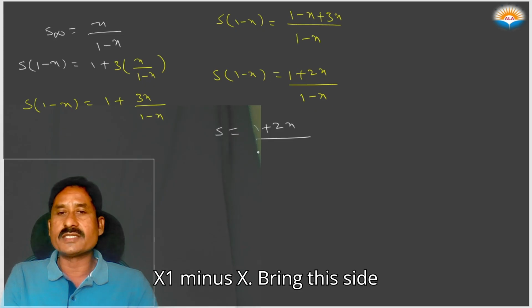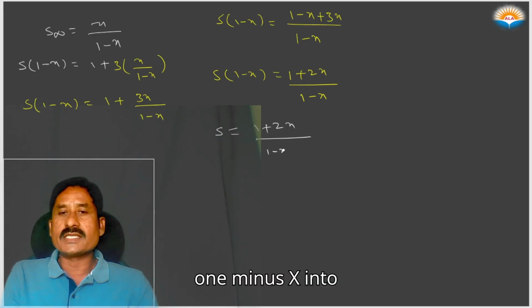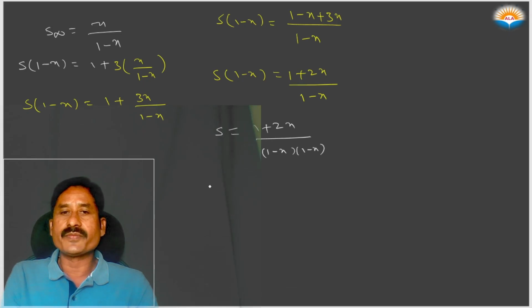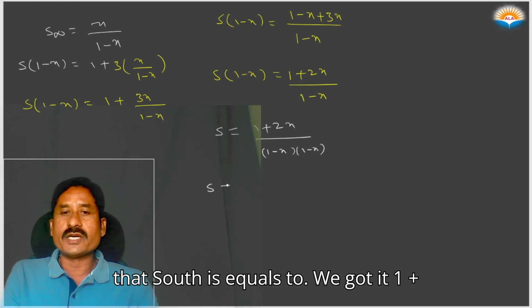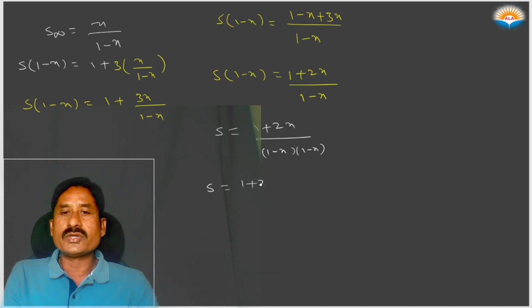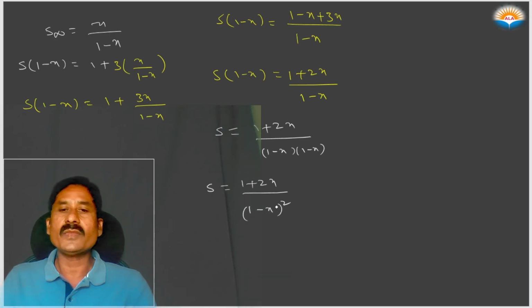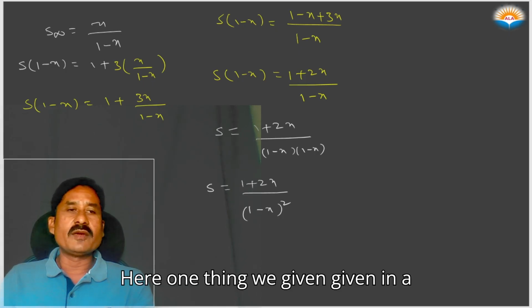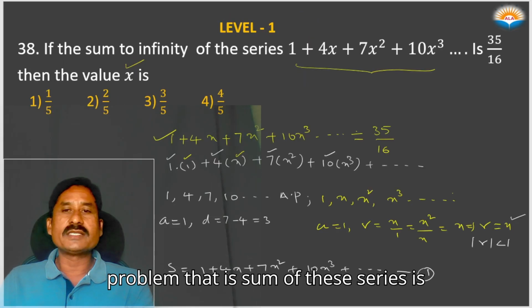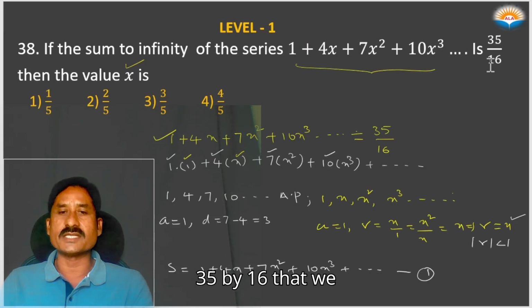1 minus x, bring this side. 1 minus x into 1 minus x. That is S is equal to, we got it, 1 plus 2x by 1 minus x whole square. Here one thing we are given in the problem, that is the sum of this series is 35 by 16.